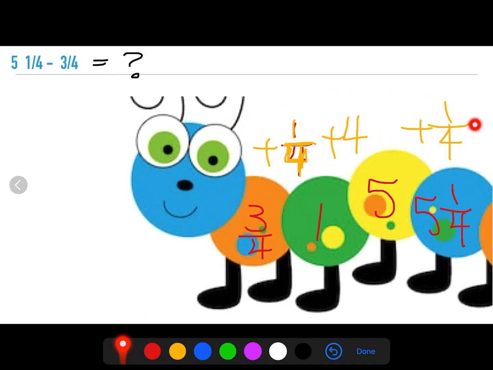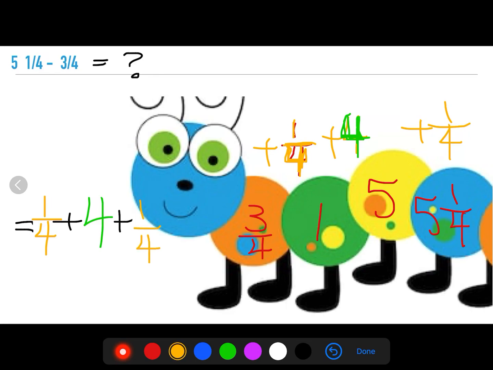And let's look at the top. At the top, I got there by adding 1/4 plus 4 wholes plus 1/4. So you already know what we're doing next. Go ahead and pause the video so by the time I'm done solving, you already have the answer on your paper. So 1/4 plus 4 wholes plus 1/4.